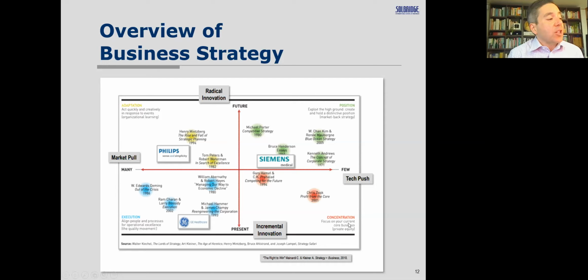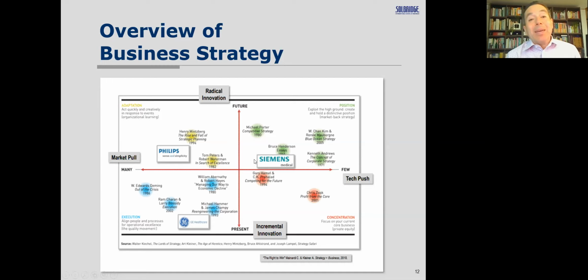In the concentration, we focus on current core business. In the execution, we align the business to operational excellence. As we said, that's not a sustainable business strategy. So you notice Michael Porter is up here. And adaptation is to act quickly and creatively in response to events. So organizational learning is a key aspect.